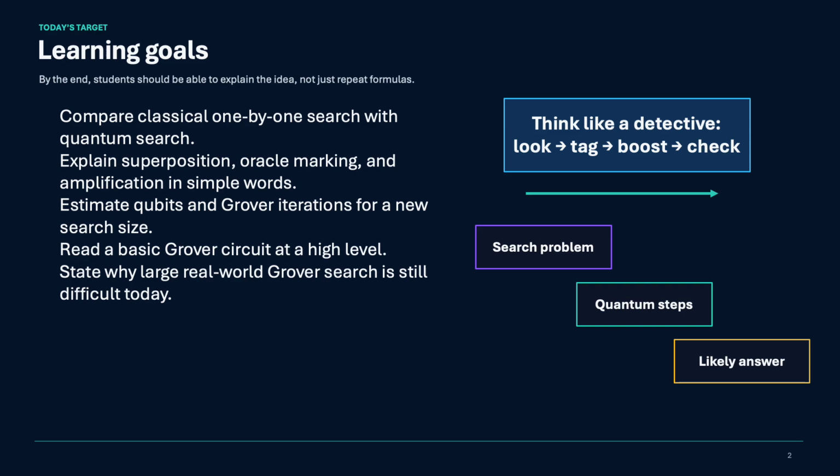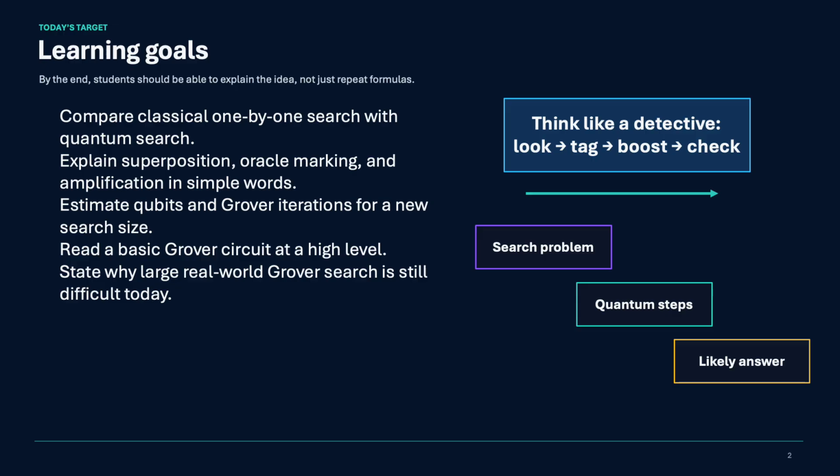This is not the Oracle database, by the way, or Oracle Foundation. Understand how amplification changes the odds, estimate the number of qubits and iterations required, and recognize the basic shape of a Grover circuit.